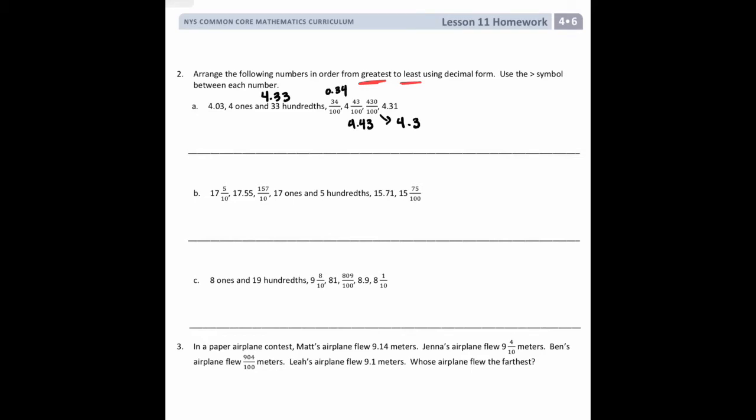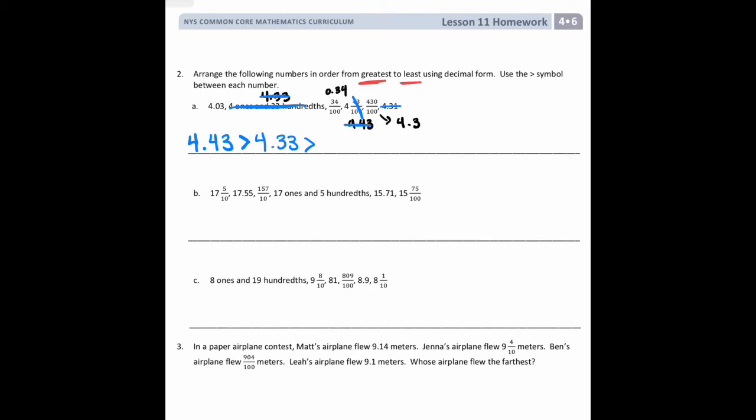Well, the greatest one would be 4.43 because it is 4 wholes and 4 tenths, and that's the most tenths out of any of them. So that's the greatest. The next one would be 4.33 because it has 3 tenths and 3 hundredths. So I would write 4.43 is greater than 4.33. Next would be 4.3 because it has 3 tenths but no hundredths.